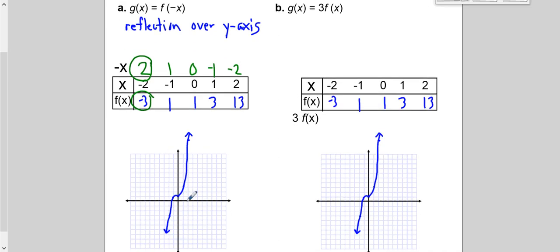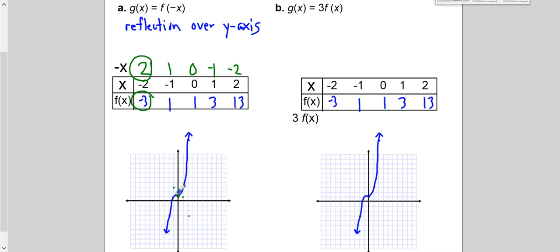2 goes with negative 3. 1 goes with 1. 0 with 1. Negative 1 with 3.